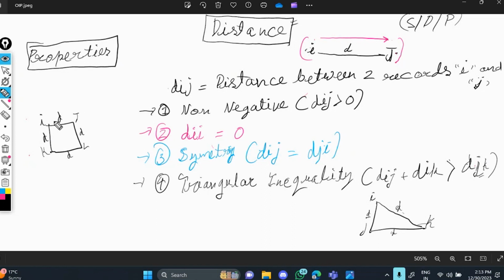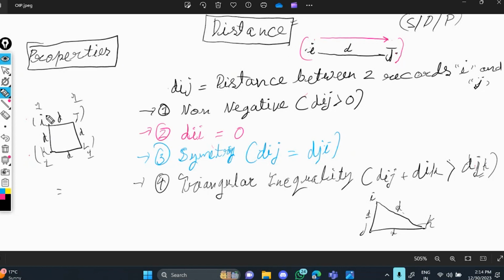But here you can see, if we add I and J and K and L, it has some similarities. For example, I have one, one, one, and one.